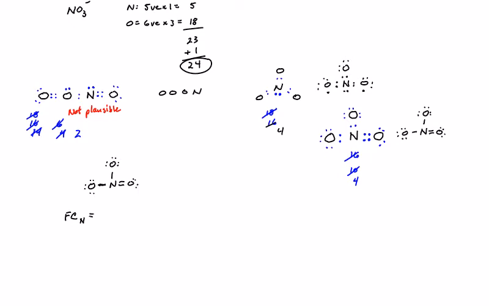So here, start with the number of valence electrons. Nitrogen should have 5 valence electrons, minus the sum of the non-bonding electrons, which is 0 for nitrogen, plus half of the number of bonding electrons. So this nitrogen is bound to 1, 2, 3, so it's involved in 4 bonds, each with 2 electrons. So that's 8 divided by 2.